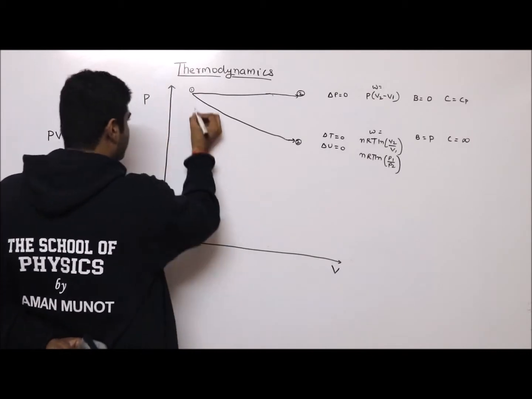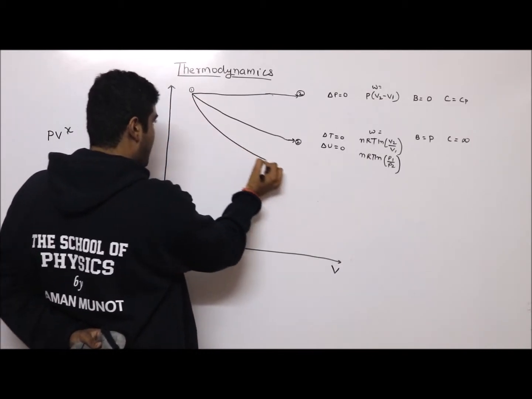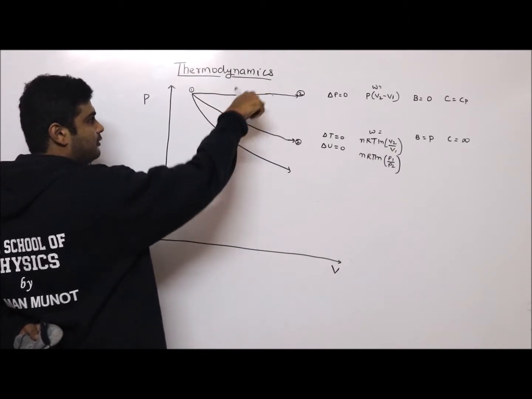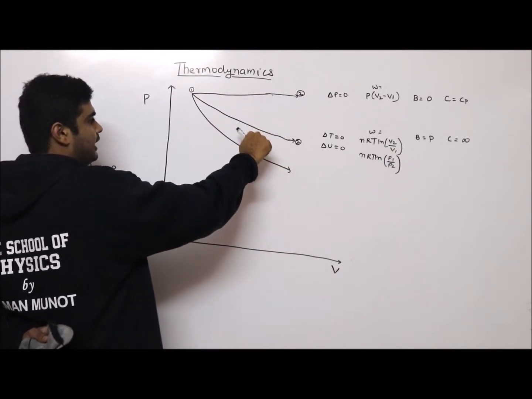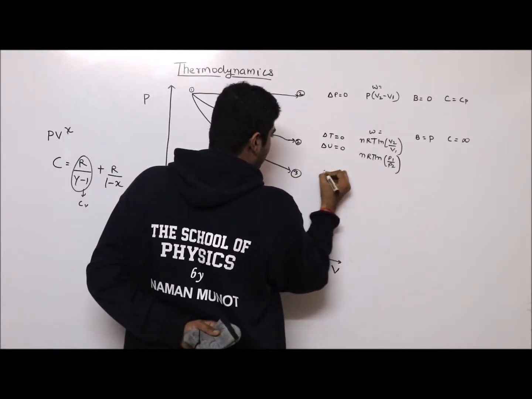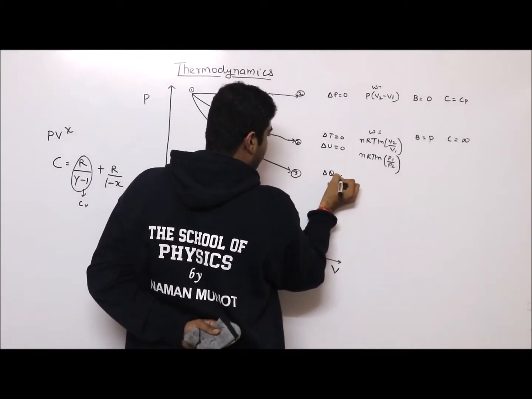The third process that we are coming to is the adiabatic process. Remember, on the graph first comes isobaric, then isothermal, then adiabatic. In adiabatic, the energy given is 0.